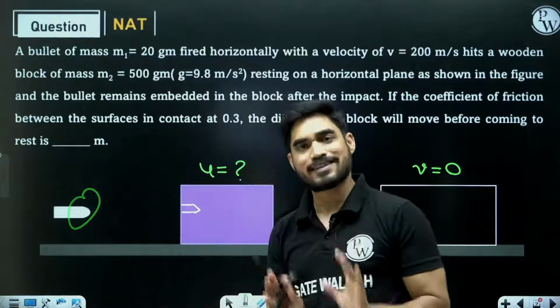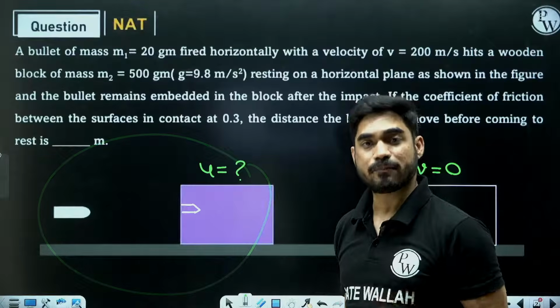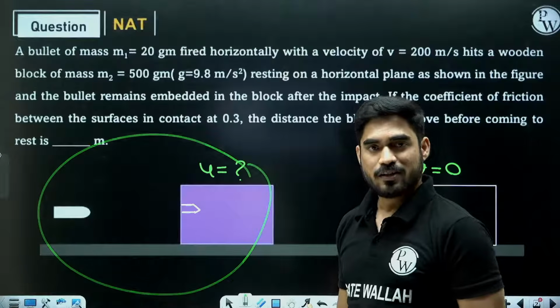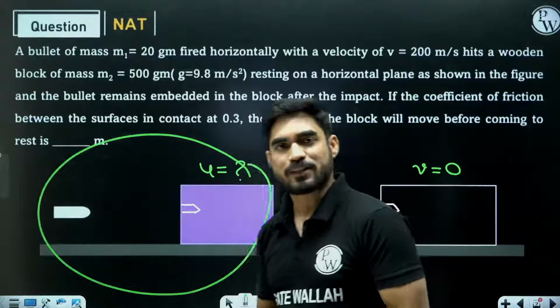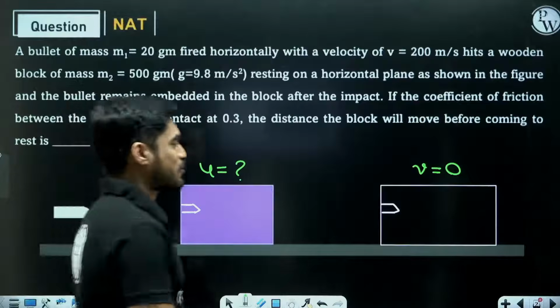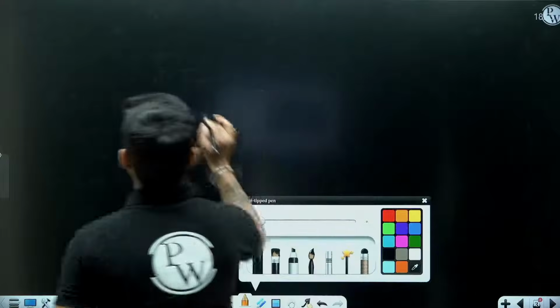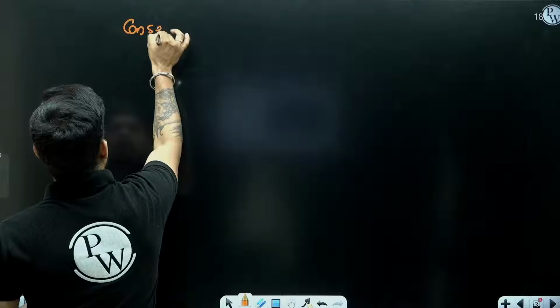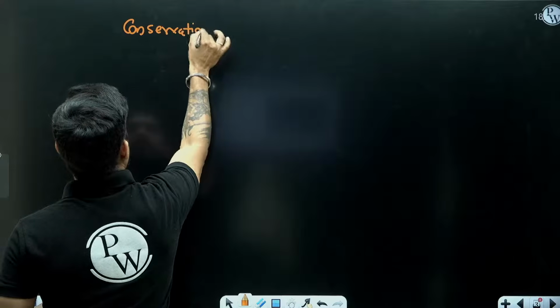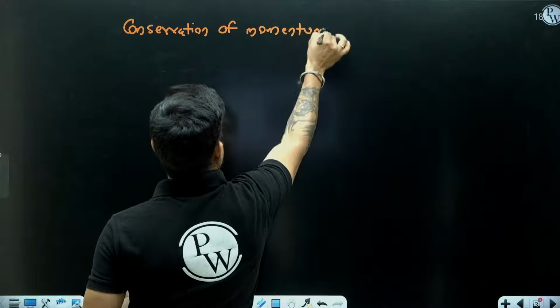So net force is 0, if I consider both of these as a single body, as a single system. So for this entire system, the momentum will remain conserved. So what we can do is, we can apply conservation of momentum.